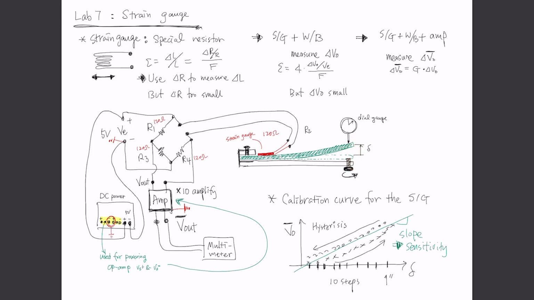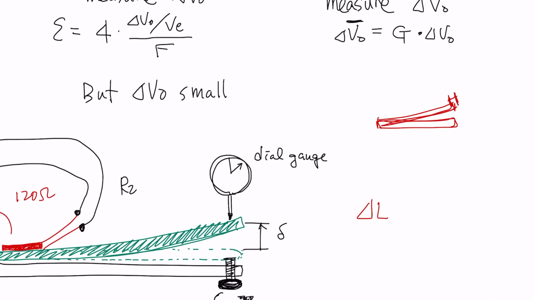That is not the delta L. Delta L is, say you had a beam originally like this and it's being extended like that, right? So delta L is the amount that is being extended here, which is not really easy to measure, right?